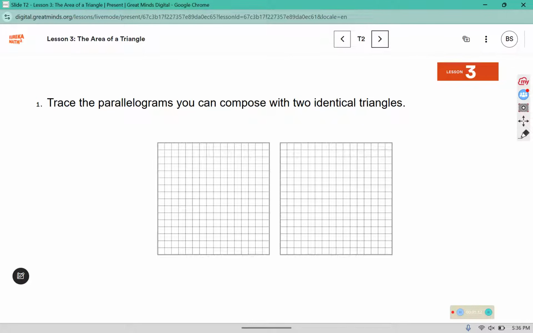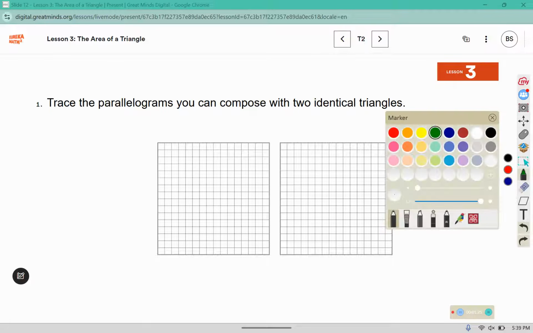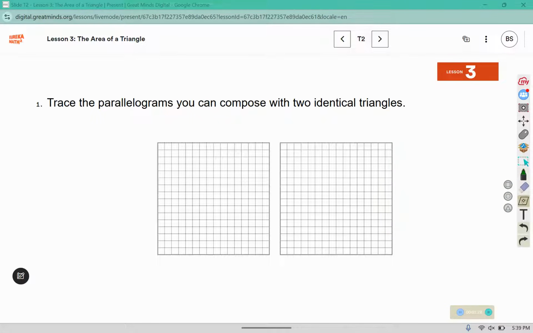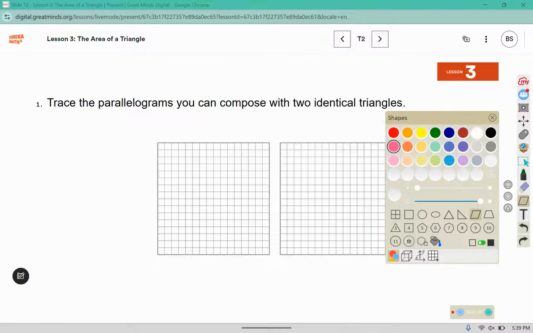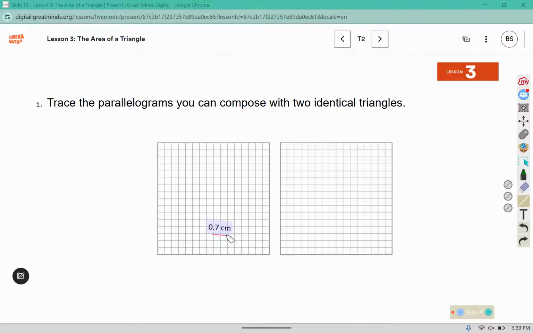Trace the parallelograms you can compose with 2 identical triangles. In class, your teacher should provide you with some paper triangles. So we have one of them is a 2 by 6 triangle. Let's use the straight edge here. So 2 across and 6 tall.